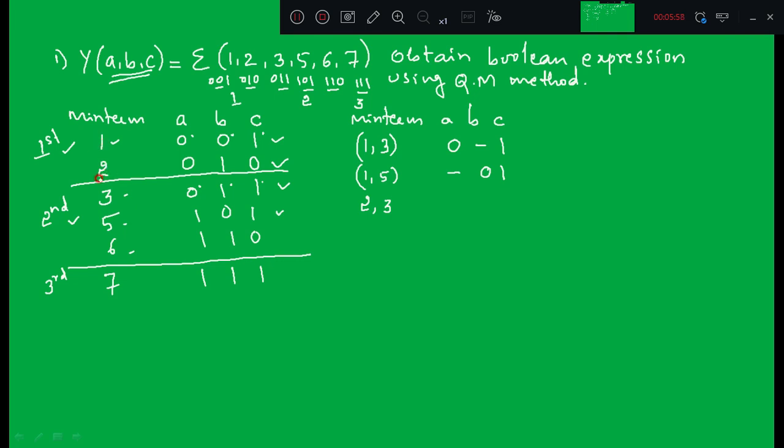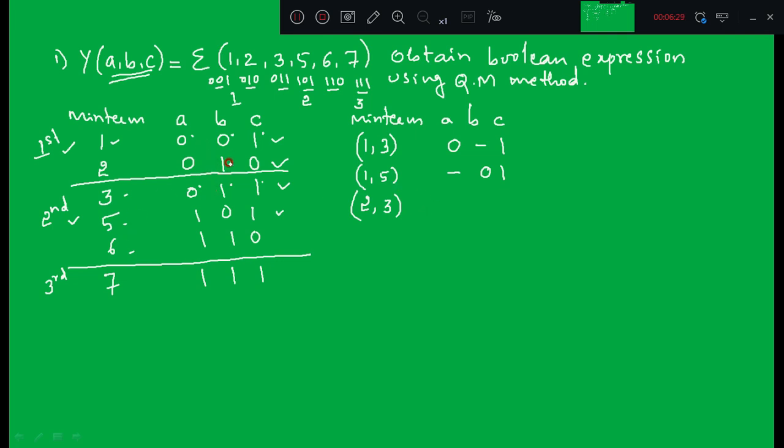Both minterms should be compared with all three minterms in the second group. Once that comparison is over, then you can put those minterms in one group. Here I cannot put 1, 3 and 1, 5 in one group because I have compared only one minterm with 3, 5 and 6.